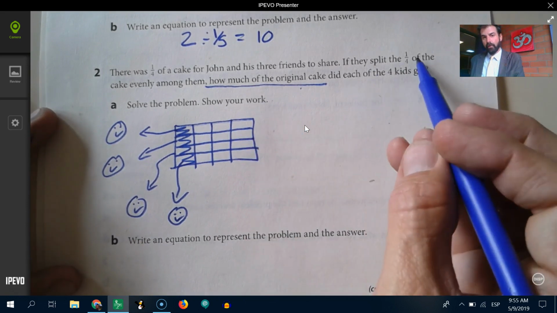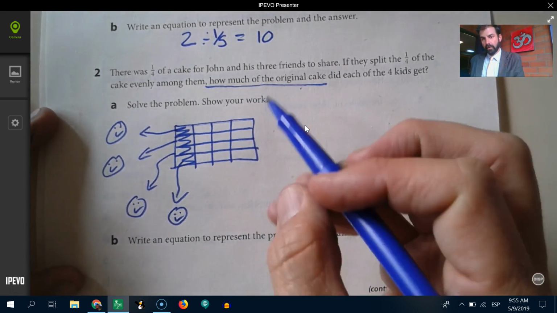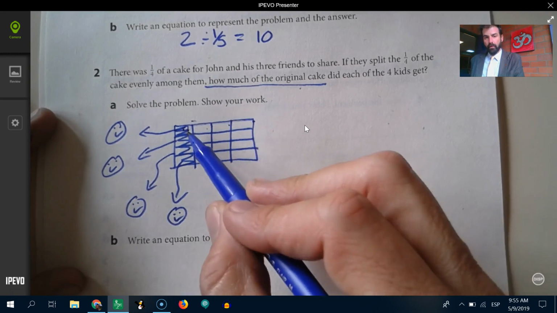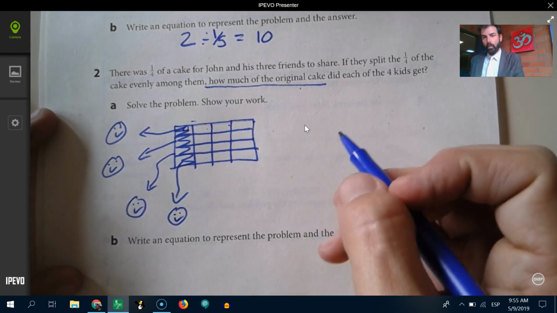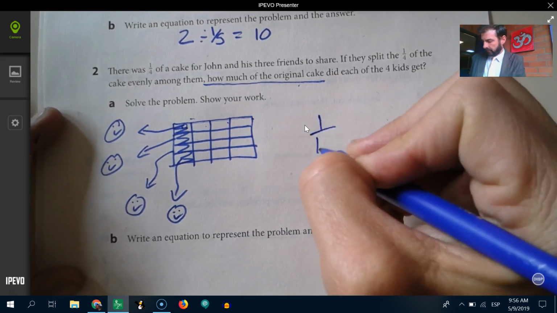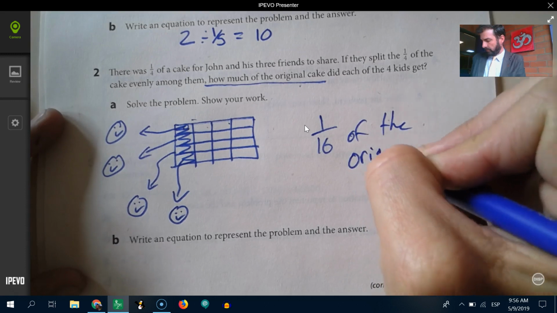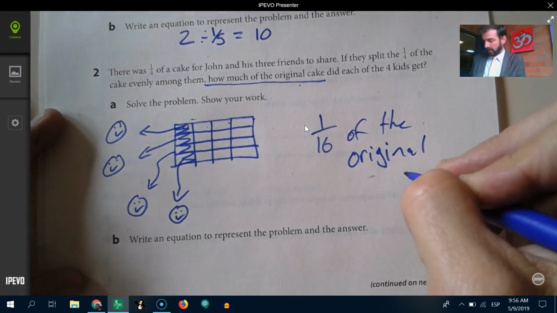They're going to get 1/4 of the 1/4. So they're going to get 1 out of 1, 2, 3, 4 by 1, 2, 3, 4, 16ths. So they're going to get 1/16 of the original cake.